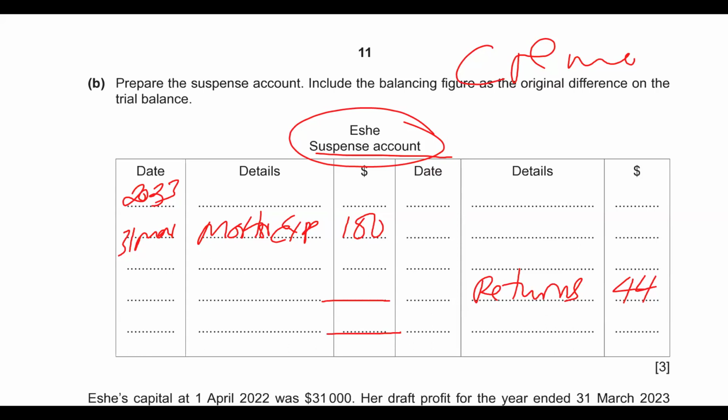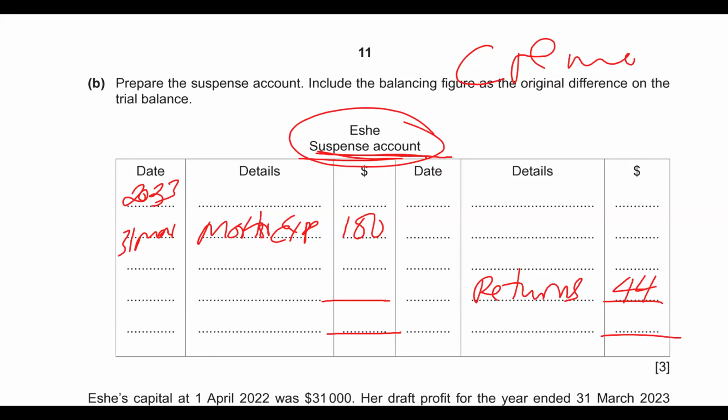If you debited the returns inward, it means that the suspense account was credited, by the returns inward. Then when you reach here, you have to balance off the account. So we have just recorded only 2 transactions in here because there were just 2 transactions that involved the suspense account. If we had even 5 or 10 of them, we could have recognized them in here, just like that.